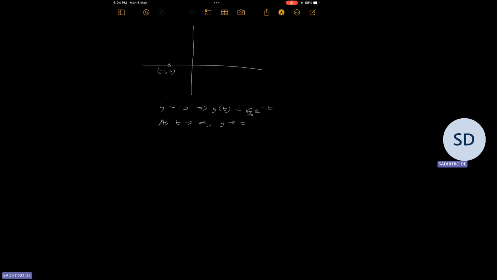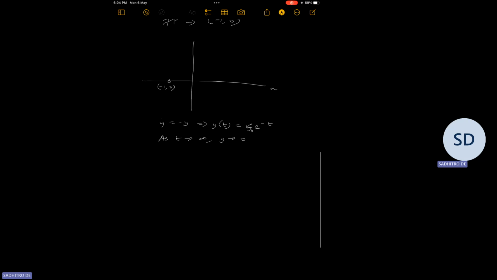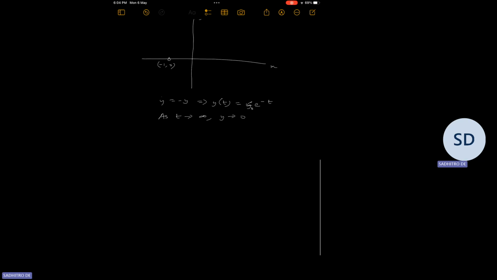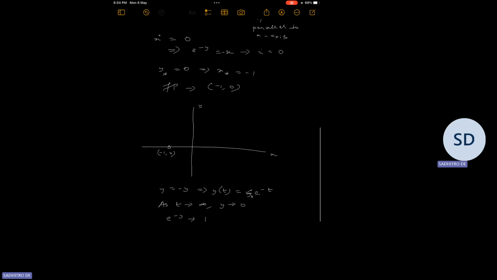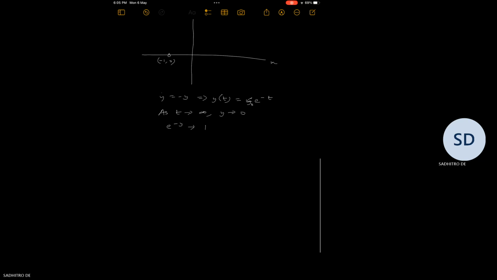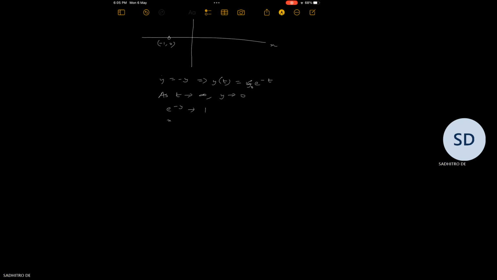All the solutions will approach the x-axis, and as y goes to 0, e to the power minus y will go to 1. So when that happens, the right hand side of the x dot equation tends to approach the line x plus 1.